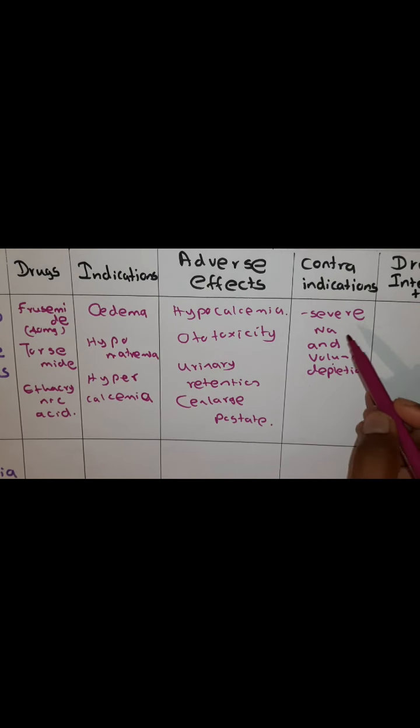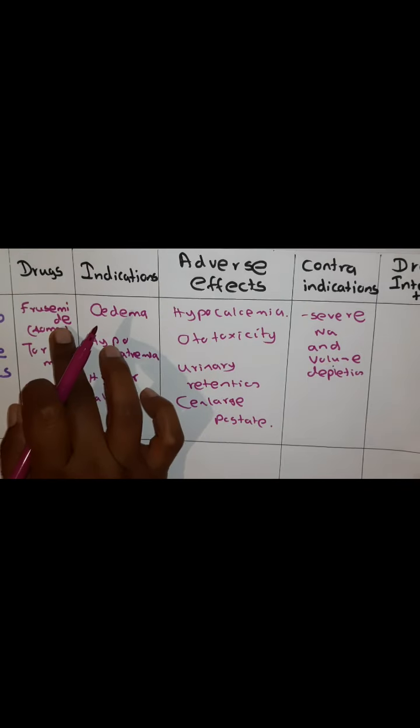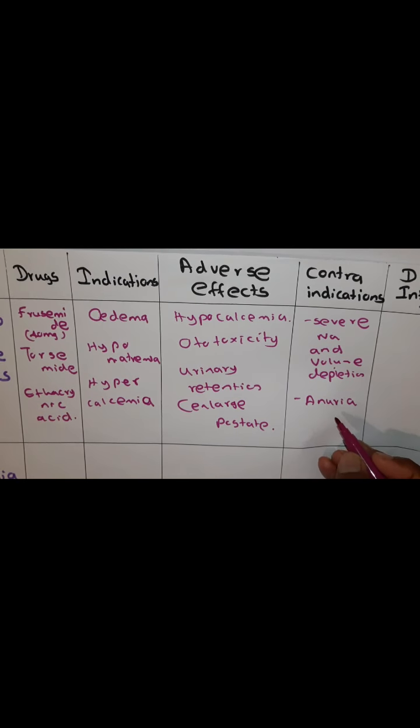If the patient has severe sodium and volume depletion, furosemide may worsen this situation. And it should also not be used in patients with anuria. Anuria means the lack of urine.